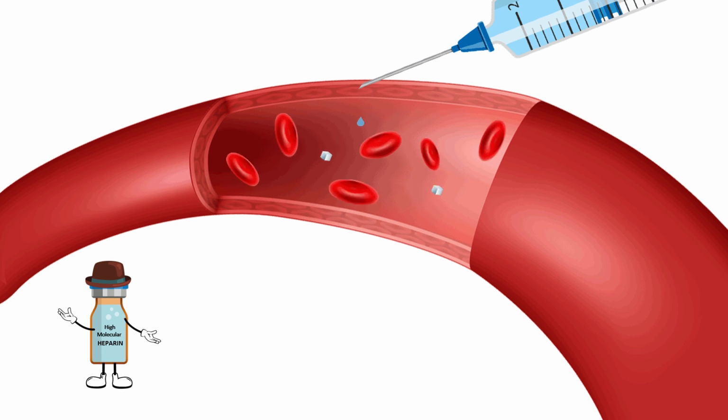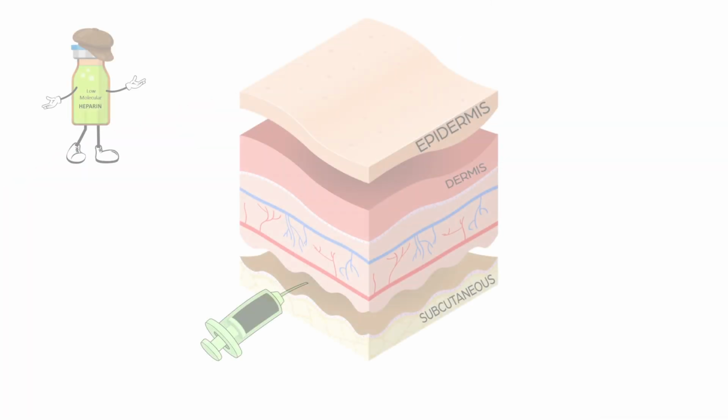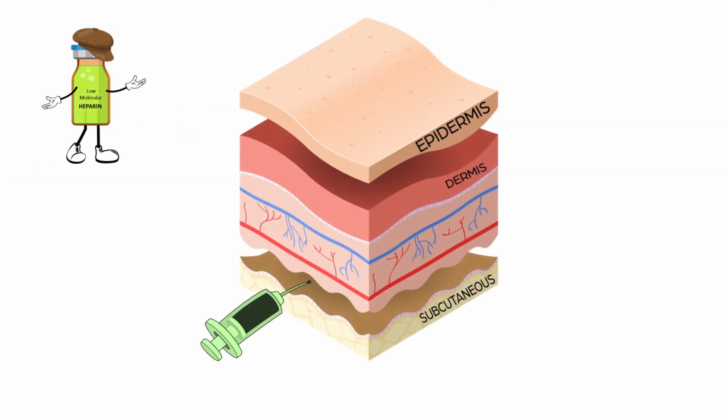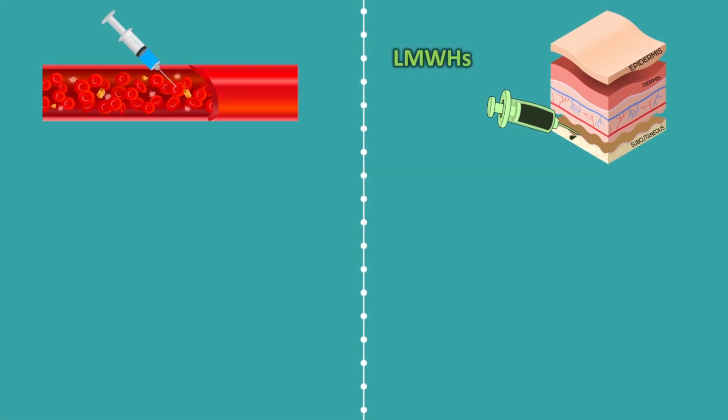Now, drug absorption is not required in the case of heparin, as the drug is directly injected into the bloodstream. Now you know that low molecular weight heparins are administered subcutaneously, and heparin through the IV bolus or the IV infusion.